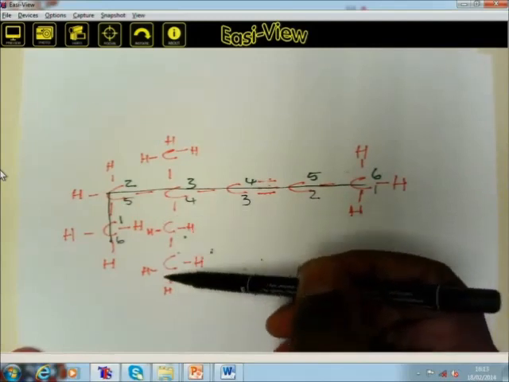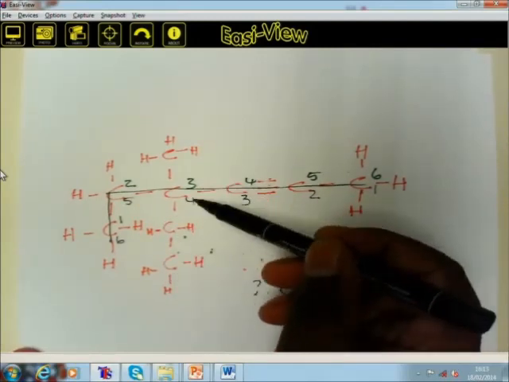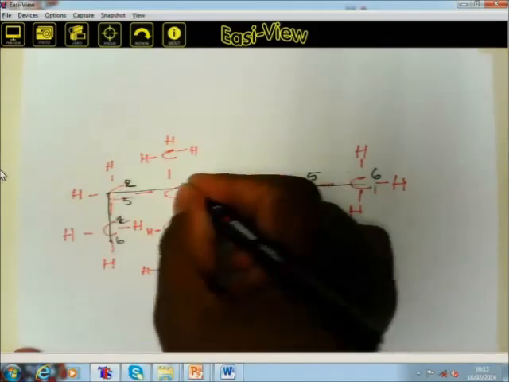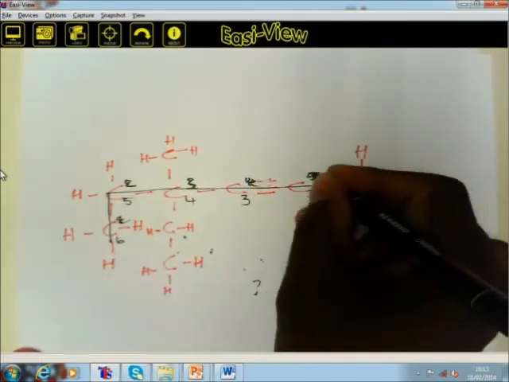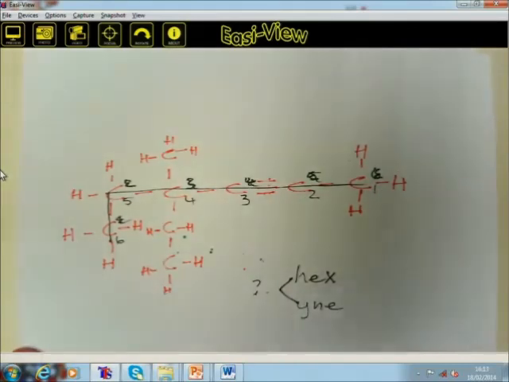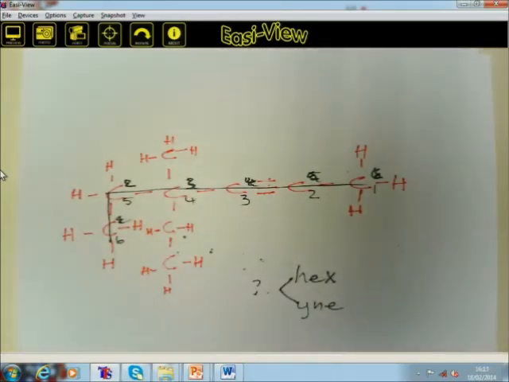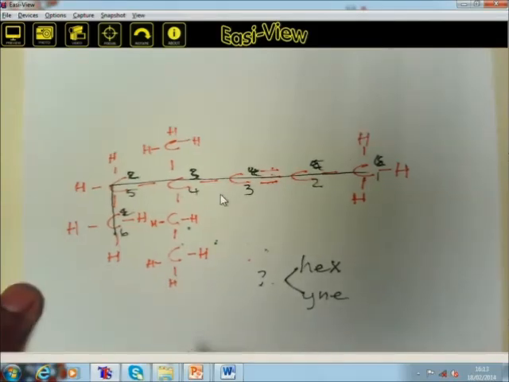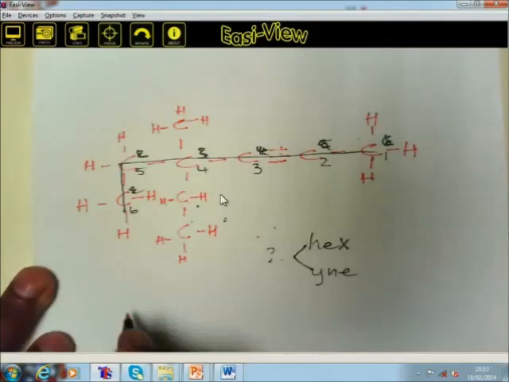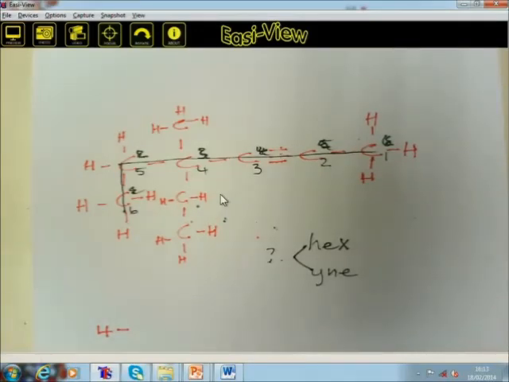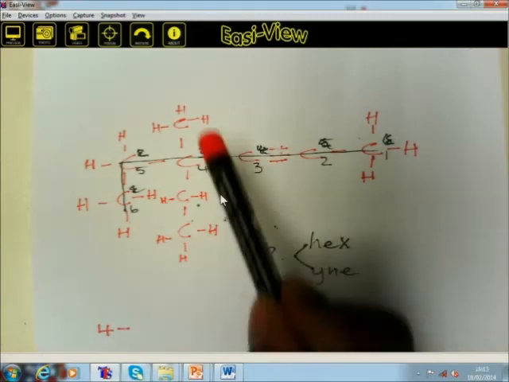I've got that substituent at carbon number 3 and number 4, because we take the bottom. Let me just cancel that one because I'm not taking that one, so that I don't get confused. And then at carbon number 4, I also have that substituent. So if I have to write the name for this one, I'm going to say at carbon number 4, I've got a substituent, E and M.